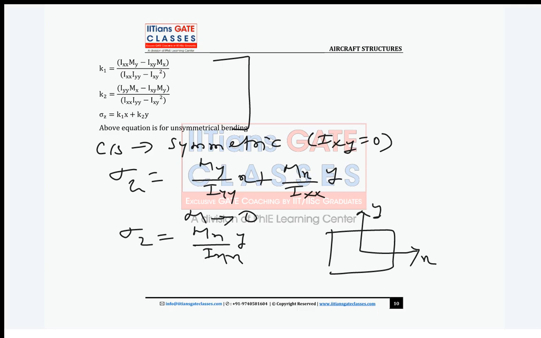Your bending moment is applied usually about the x axis, and you will have load in the y direction. So that's why you can see this is Mx upon Ixx into y. Just a moment, guys. Okay, so guys, clear till this? Yes or no?